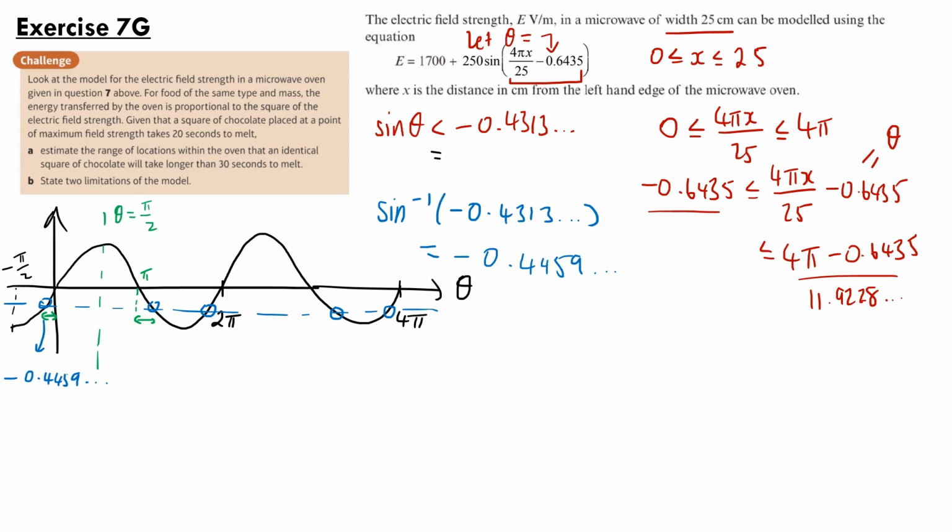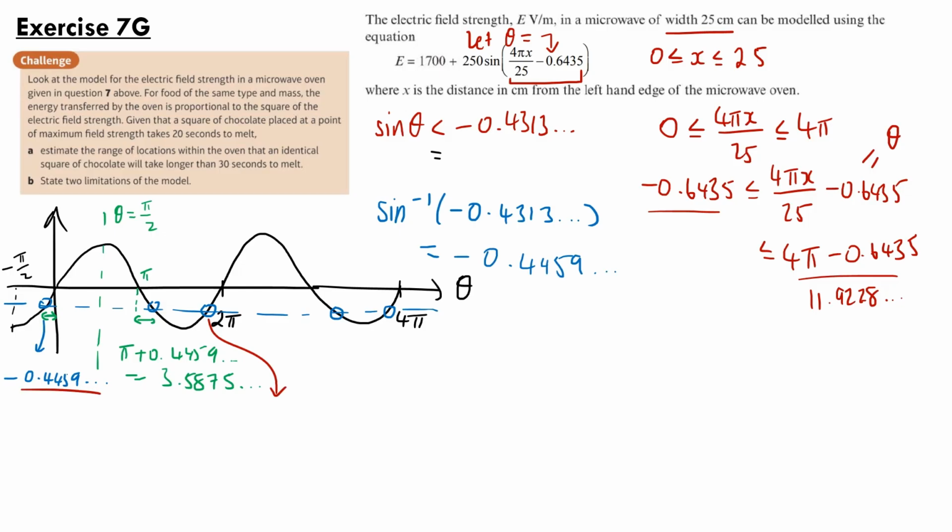So this solution there is going to be pi plus 0.4459 by the symmetry, and that gives us 3.5875 and so on.